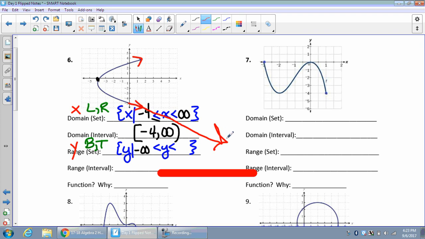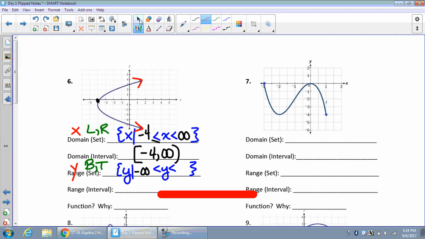Notice that. It's going right, I agree. So as your x values get positive, your y values continue to get more negative forever and ever and ever. So that's why we're putting negative infinity right there. And we can talk more about this during the debrief also if you still have questions. Or shoot me a remind.